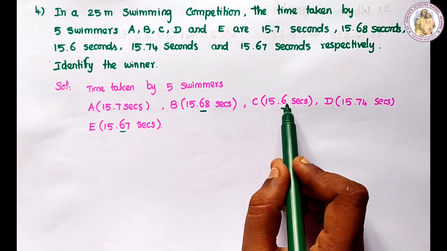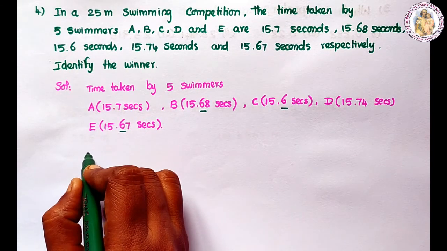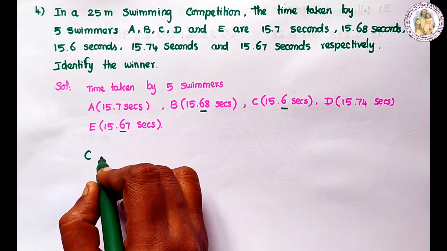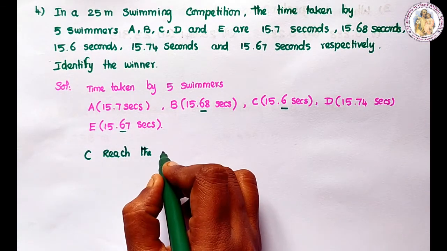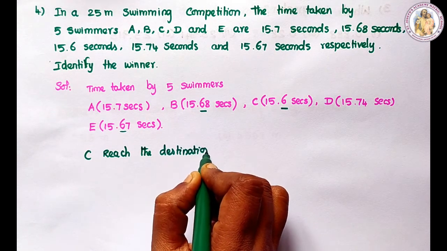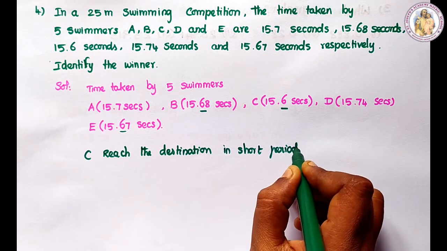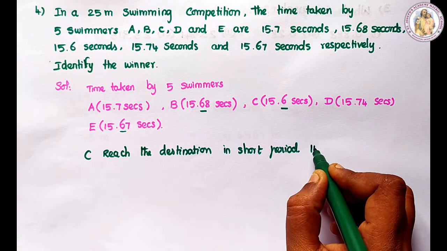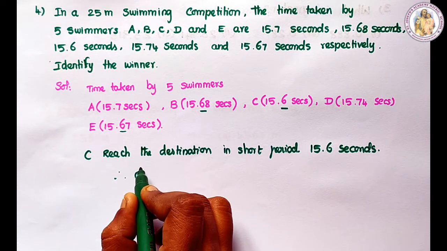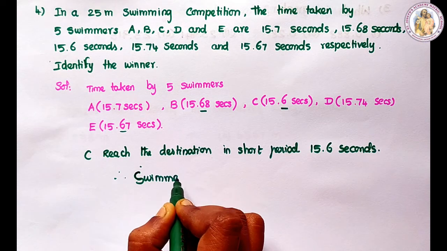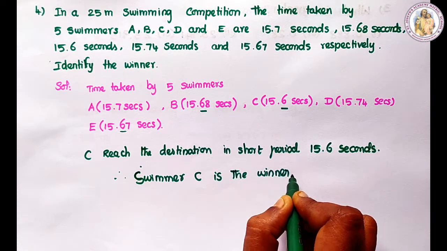Which one is smallest? 0. So C is the winner. That is the answer.